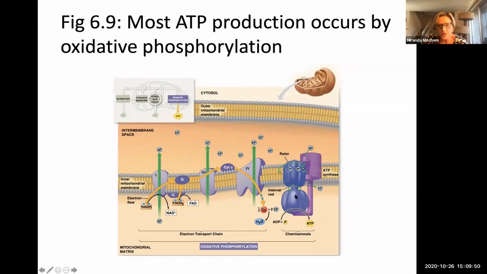And then it pushes them through, turns the rotor, and phosphorylates a molecule of ADP by oxidative phosphorylation to make ATP. So this entire process is called oxidative phosphorylation since ATP is being made in the presence of oxygen.